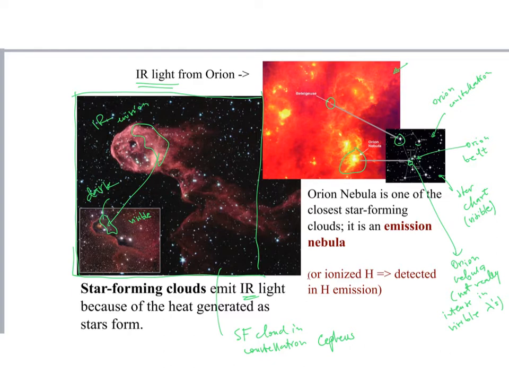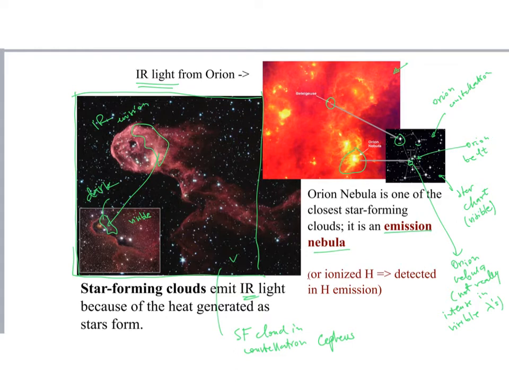All right, so both the Orion Nebula and this nebula in this beautiful image are examples of emission nebulae. So what happens here, you have a bunch of hydrogen atoms that are ionized by hot photons from newly formed stars, and those electrons come back and recombine with protons and form new hydrogen atoms, but with the electron in an excited state.